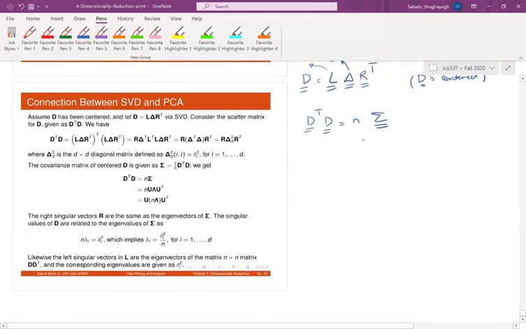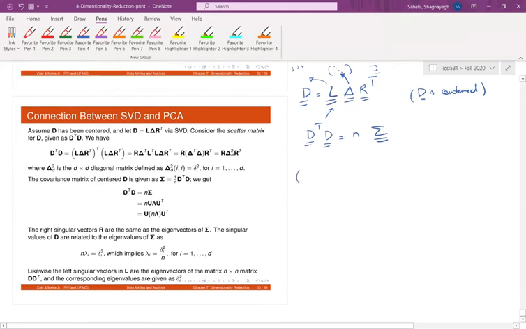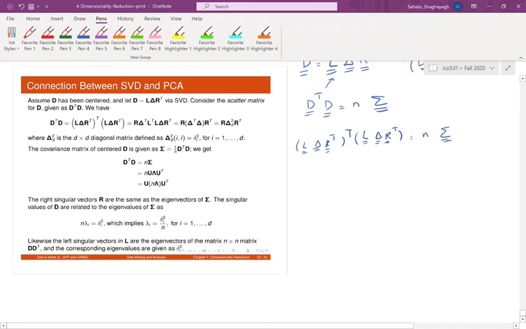So we know this. Now, if I rewrite D transpose D according to its singular value decomposition, I get L delta R transpose, transposed, multiplied by L delta R transpose, equals N sigma. Basically it means R delta L transpose, where delta transpose is equal to delta because it's a diagonal matrix, times L delta R transpose is equal to N sigma.